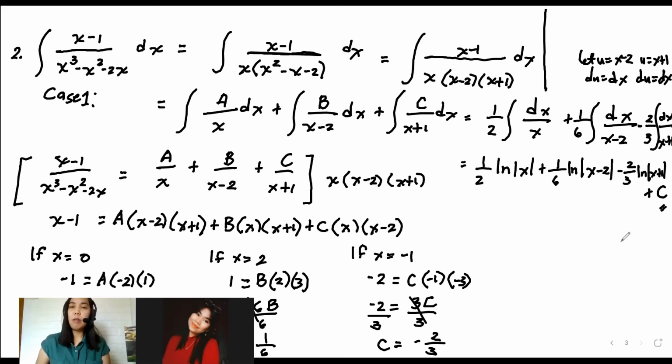So anyway, it's just the same. Okay, so that is the answer: 1/2 ln absolute value of x plus 1/6 ln absolute value of x minus 2 minus 2/3 ln absolute value of x plus 1 plus C. The arrangement doesn't matter as long as equal din dyan sa sagot natin.